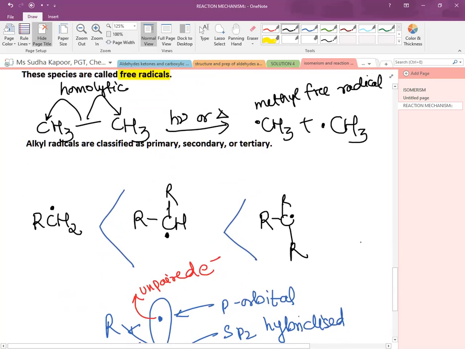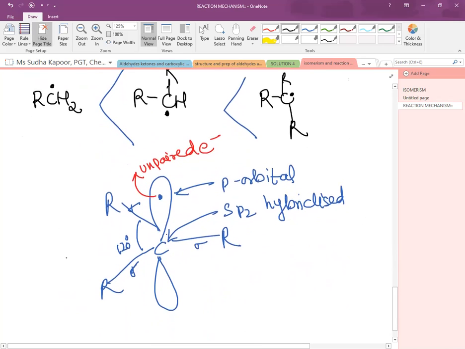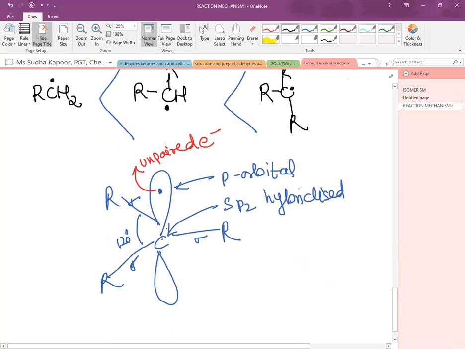Okay. Now these alkyl or free radicals are further classified as primary, secondary or tertiary in nature, and their stability follows the same pattern as that of the carbocation. For example, the 3 degree free radical is going to be most stable, then 2 degree, and then 1 degree. You can see the structure of the free radical also: the carbon has 3 alkyl groups on its sides.